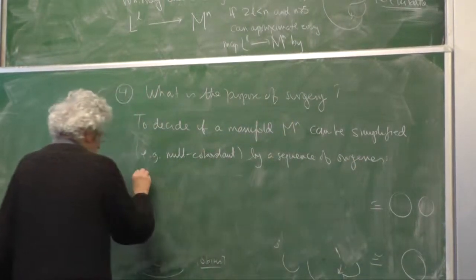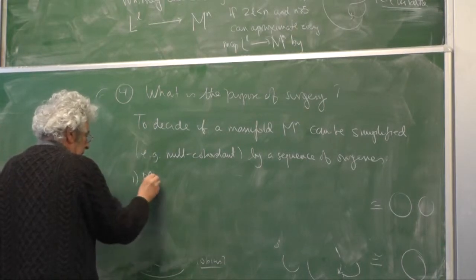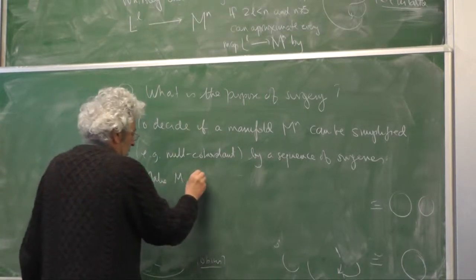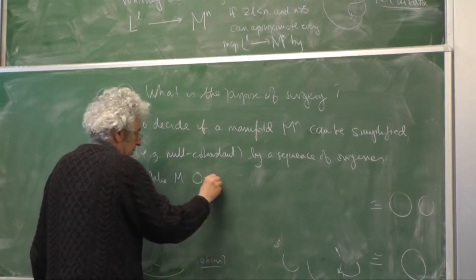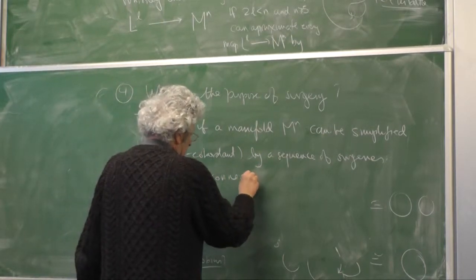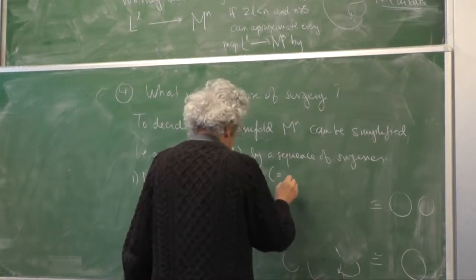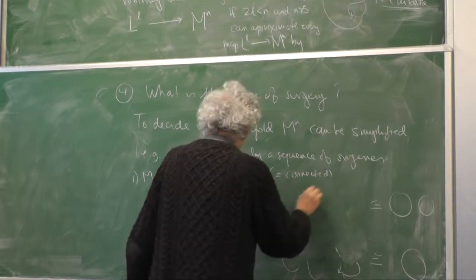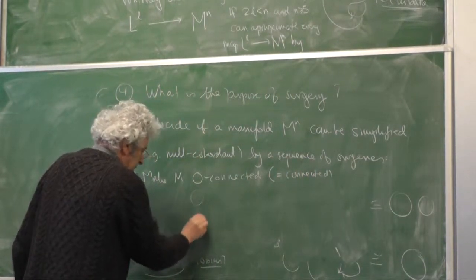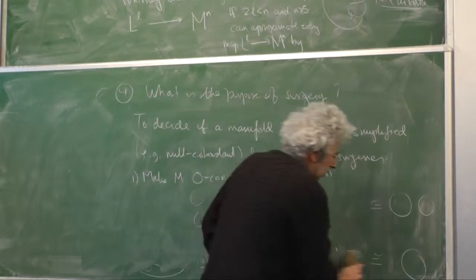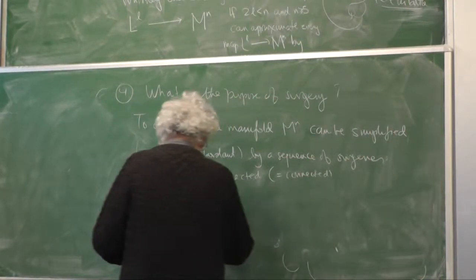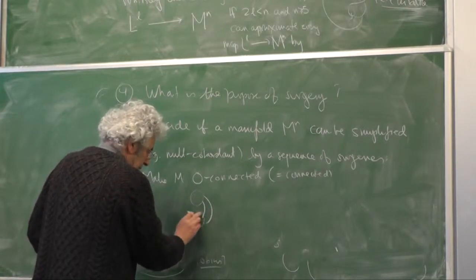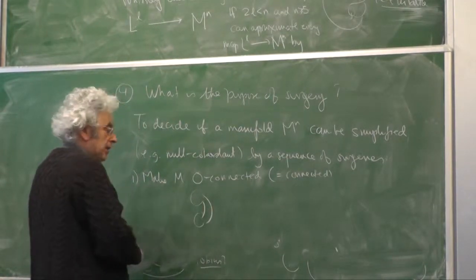So make step one, make M zero connected. Let's assume it's not connected. So for example, if I had two circles and reverse that other surgery, and I can form a tube like this, and I now have a connected manifold.